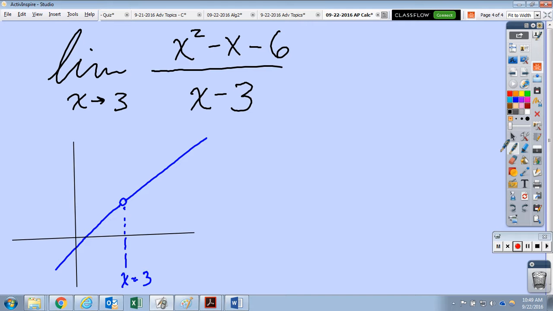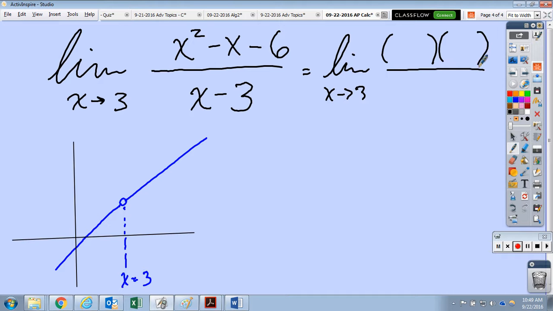So we say, this would be equal to the limit as x approaches 3 of, let's see if we can factor this. Because the limit is the value we're approaching, we can consider this like a removable discontinuity.